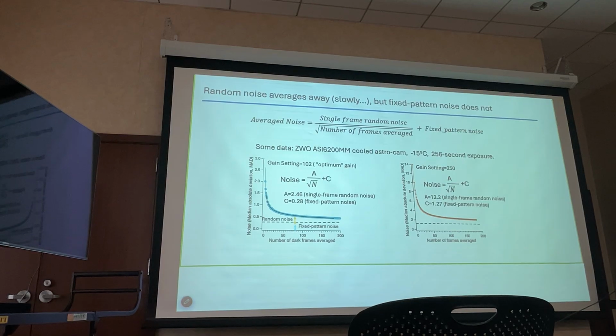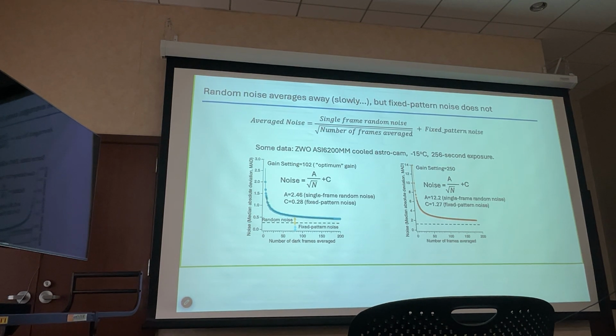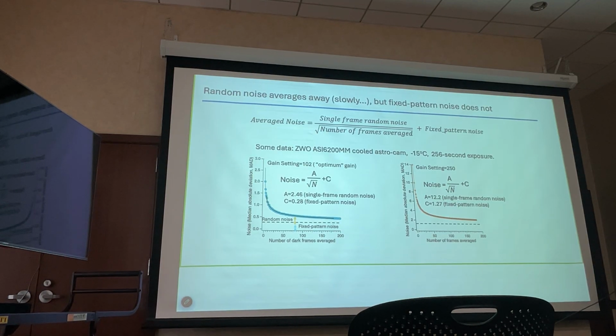Now, I made the point before that random noise averages away and fixed pattern noise does not. Another way of looking at that is to take a dark image and ask what the noise level of the image is, and how that noise level changes as I average more and more dark frames.